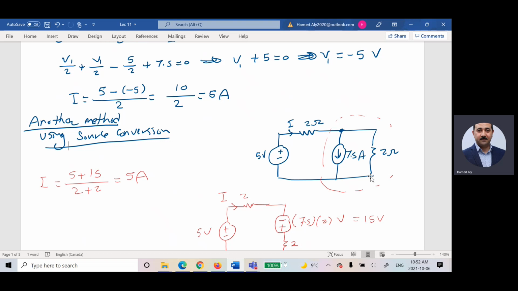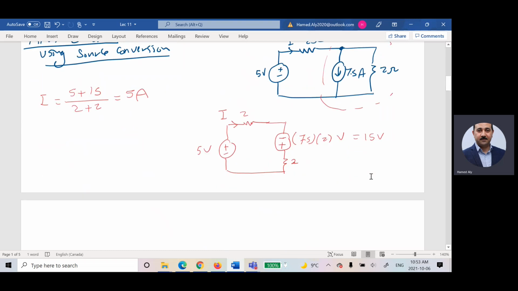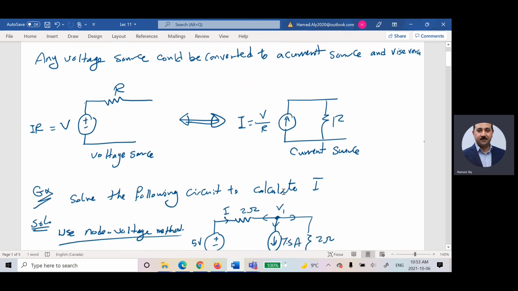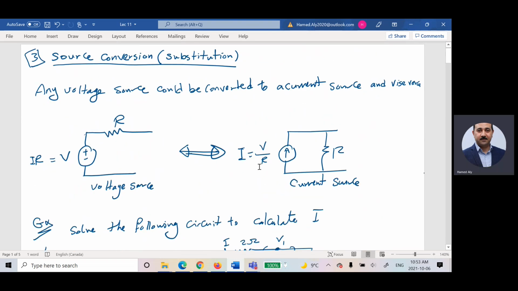But what I would like to mention here is that you have to pay attention while we are converting from voltage source to current source and vice versa. Here, this is the direction of the current. That's why I put negative, positive here. It's following that direction. If you look here, if I have negative, positive, I put the direction of the current upward.